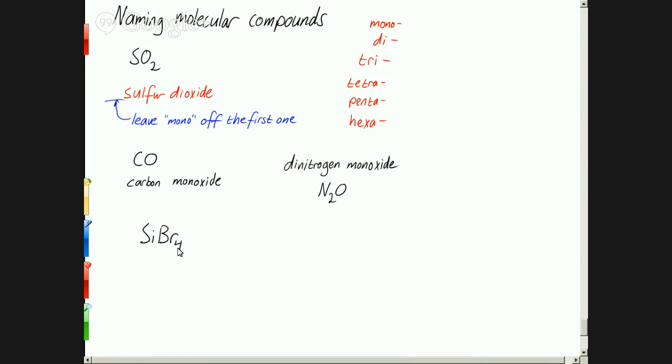Silicon. Silicon tetra. Yeah, that's it. You got it. Si is silicon. Tetrabromide.